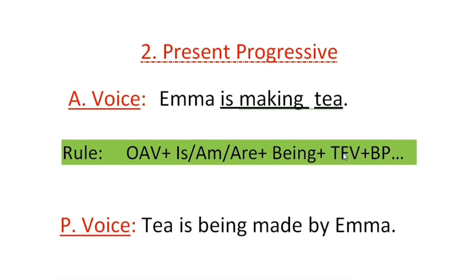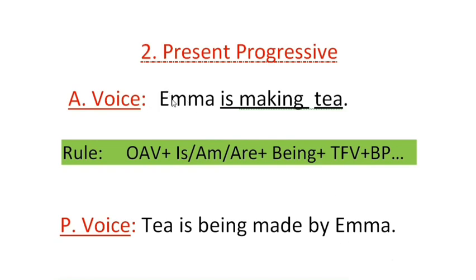Then comes TFV. Make is the verb, and the third form, the past participle form, is made. So tea is being made. Then comes by phrase: the subject of the active voice will be used here, by Emma.